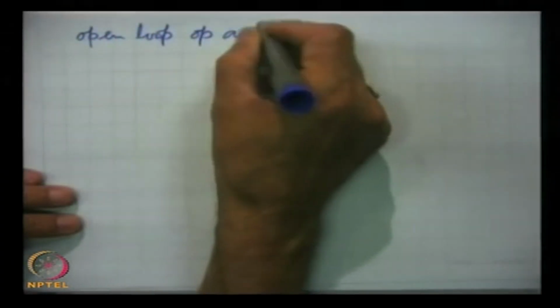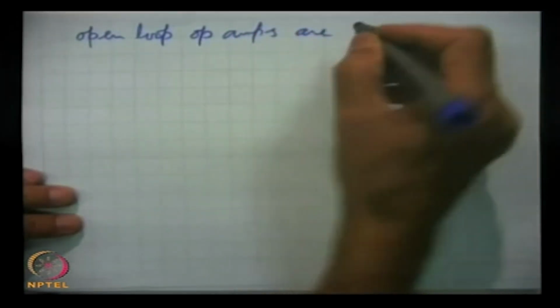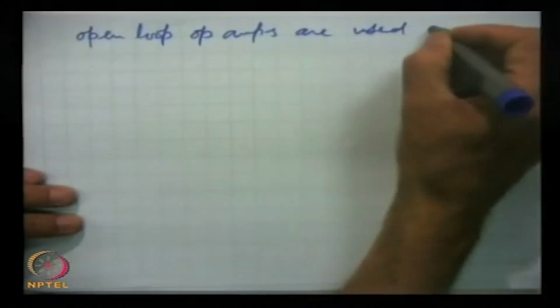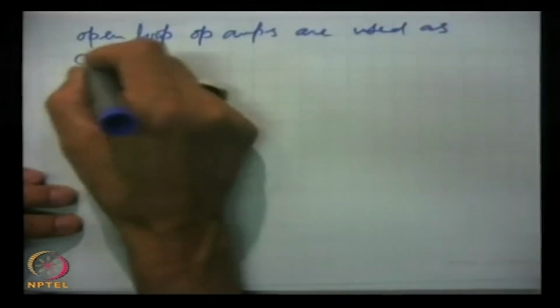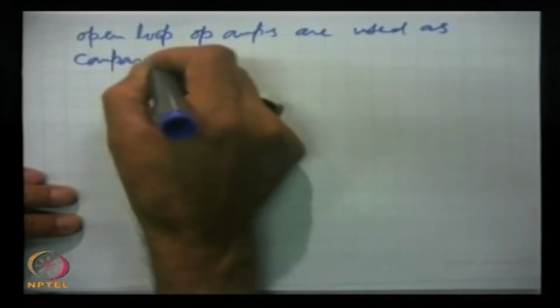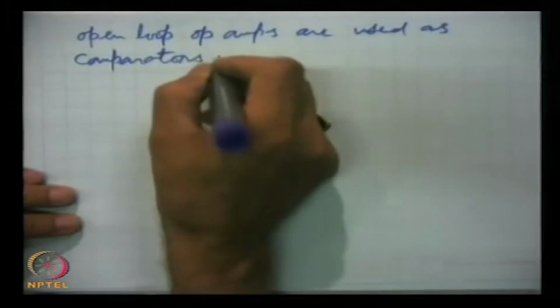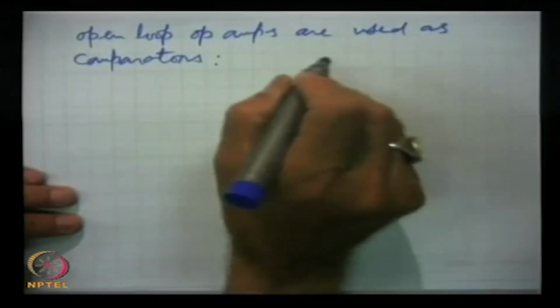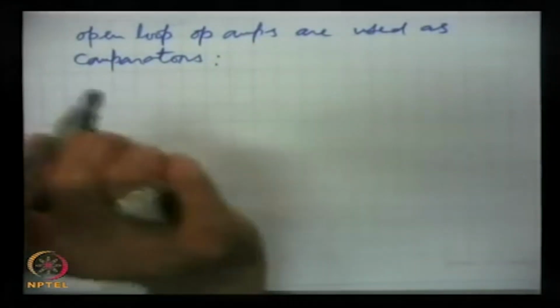Open loop op amps are used as comparators. A comparator is a circuit which compares two voltages.